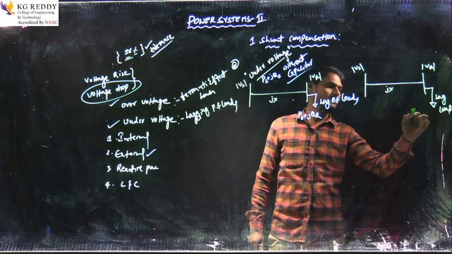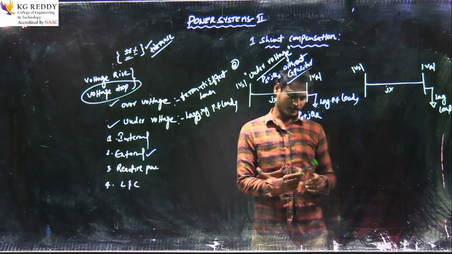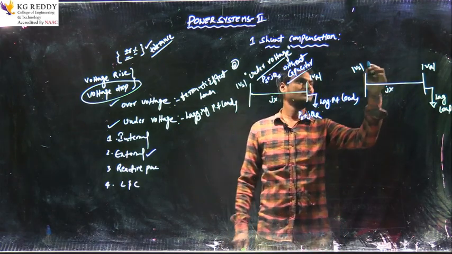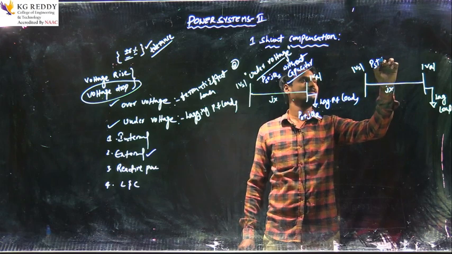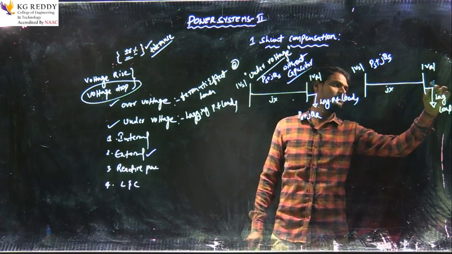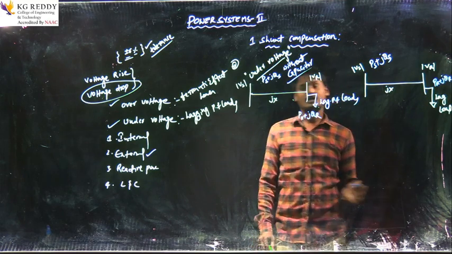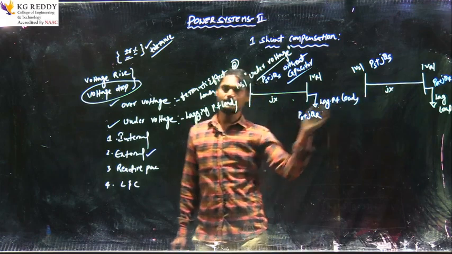As usual it also has active power and reactive power, represented by PS plus jQS, and PR plus jQR. This is the case for with capacitor.